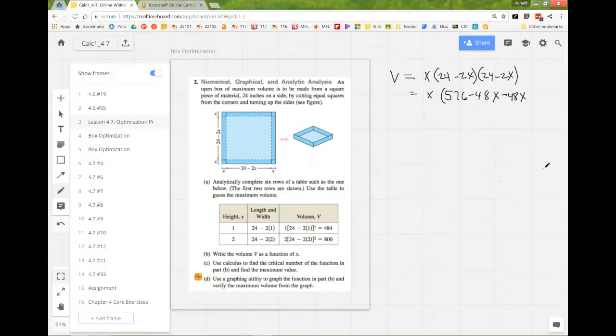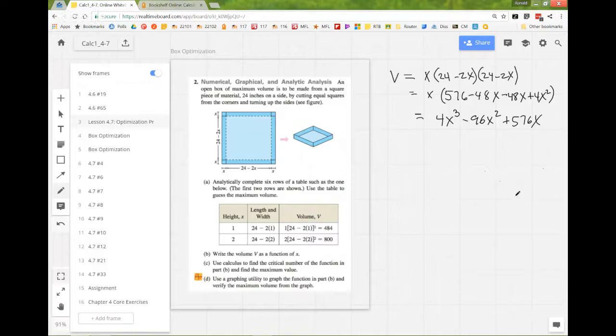And negative 2x times negative 2x is positive 4x squared. Then when we multiply the x out, and I'm going to put the highest power first, you would get 4x cubed minus 96x squared plus 576x. That would be our volume.